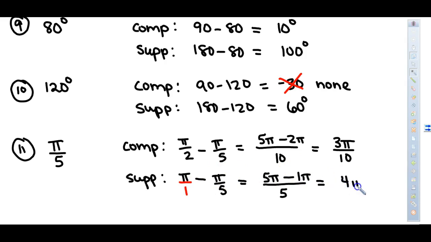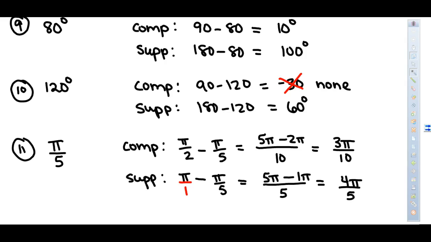And that gives me 4 pi over 5. Okay, I'm going to keep both of these because they're positive. So again, they have to be positive angles. Your complements cannot be negative. Neither can your supplements be negative.